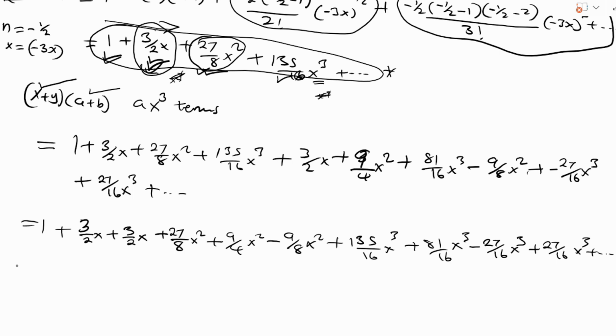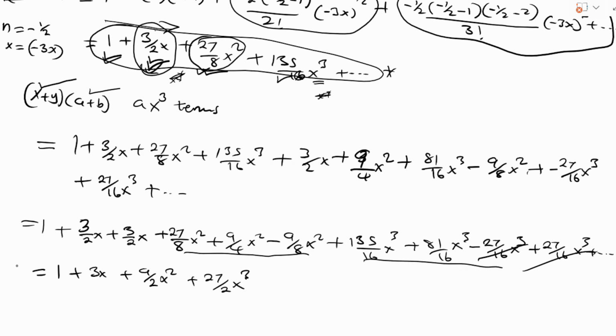You can see these two cancel out, so what is left is to simplify what we have here, which if you simplify you shall get 1. 3 over 2 plus 3 over 2 is plus 3x, and then if you add all this, you get 9 over 2x squared. Add the x to power 3's, you get plus 27 over 2x power 3, and so on.